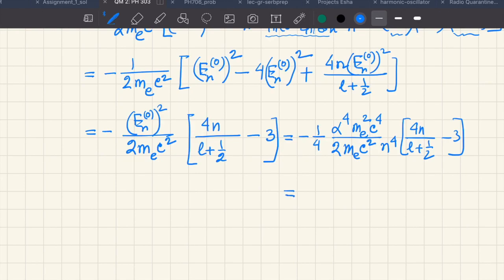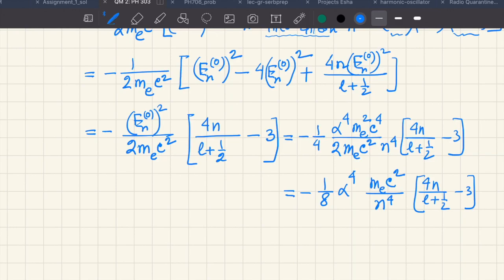So this is nothing but minus 1 by 8 alpha to the power 4, and then there is this m e c squared divided by n to the power 4 into 4n by l plus half minus 3. So any one of these expressions is basically the energy correction due to the relativistic effect.